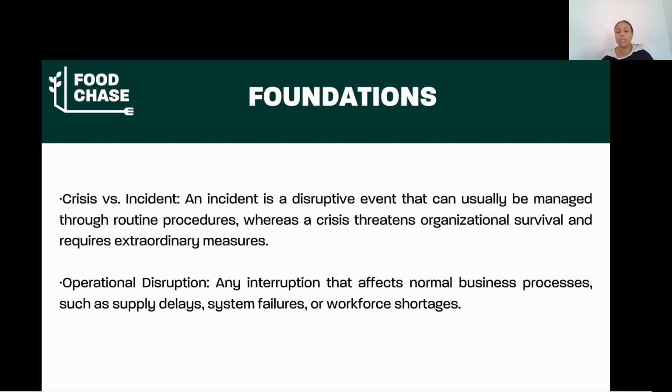So think major food contamination events, cyber attacks, and other things that can halt operations or that can cause sudden supply chain collapse. And finally, operational disruption. It's any interruption that affects normal business or processes, such as supply delays, system failures, or workforce shortages.